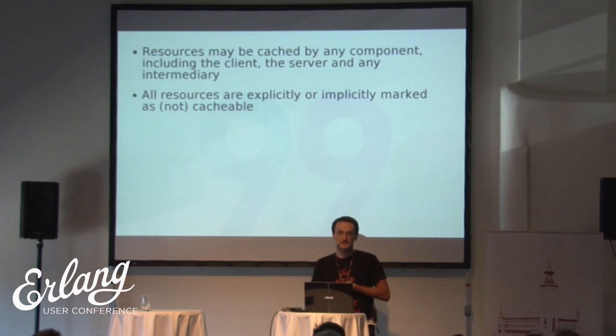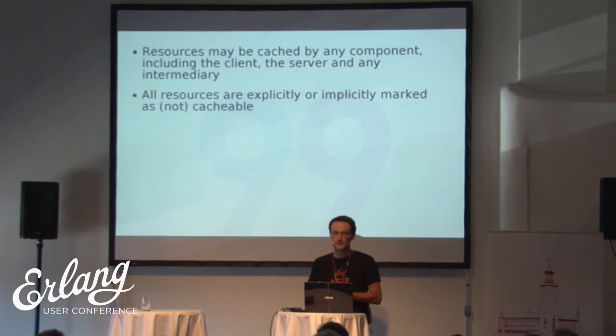The third constraint is that the data that is sent must be cacheable. So anything that is sent by the server, all the responses, all the resources that are sent may be cached.